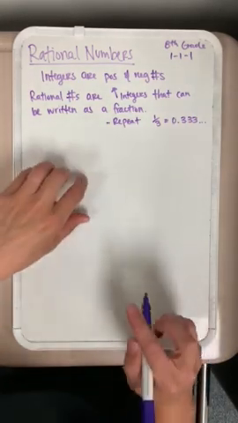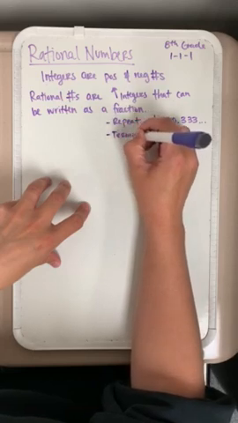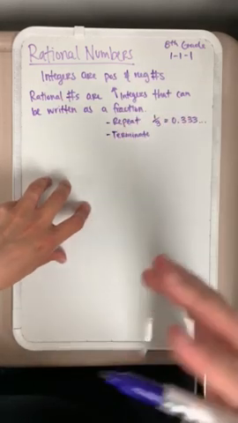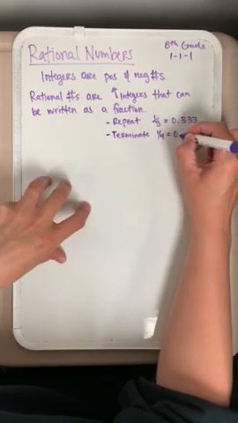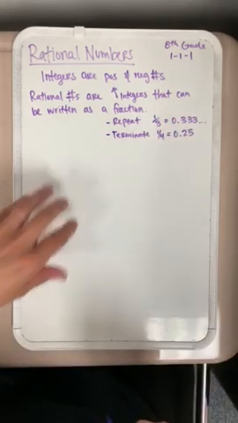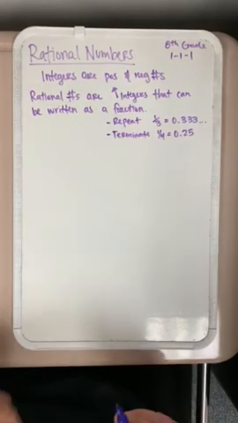So it will either repeat or it will terminate, which just means end. So like if you have 1/4, that terminates at 0.25, it ends. So rational numbers are integers that can be written as a fraction.